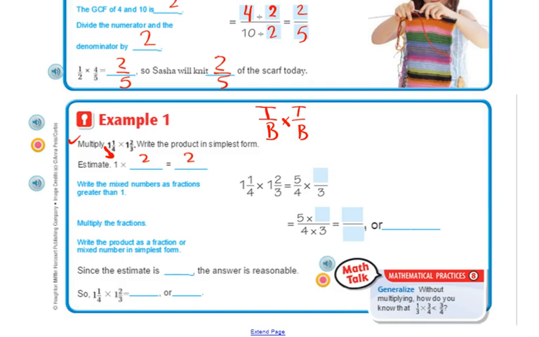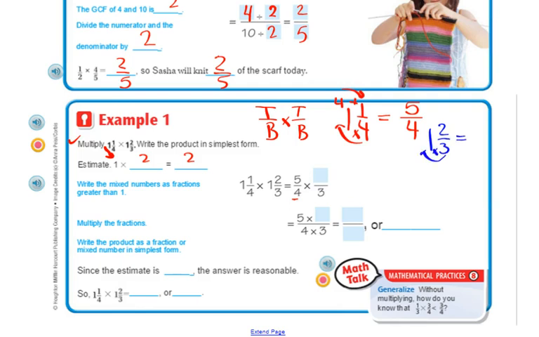So let's take a look at this 1 1/4, for example. That 1 1/4 is equivalent to 1 times 4 plus that 1, which gives me a 5 over 4. And you'll notice that that's left in right here for you. Now the 1 2/3, we're going to apply that times to add concept here.